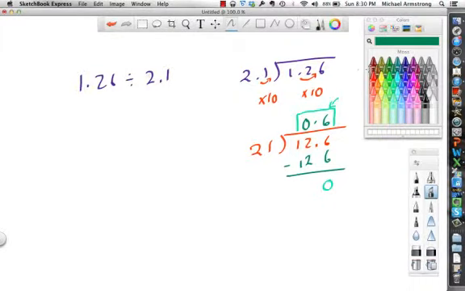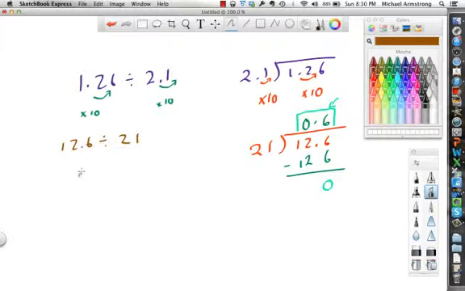Okay, so the same thing over here. We're just going to move it one place. We could move it 2, but then we'd add another 0, and instead of this being 21, it would be 210. So we're still just going to multiply by 10. So it's 12.6 divided by 21, and this isn't one we could do in our head.